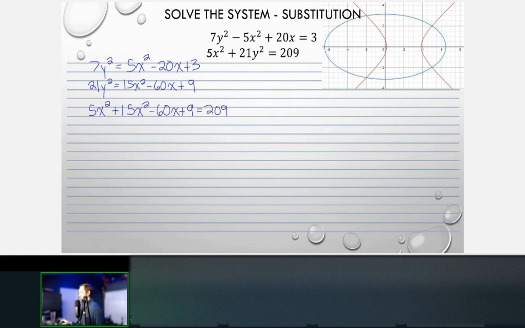Okay, so at this point, it looks pretty easy. So let's go ahead and solve for x, and I will do the same thing.